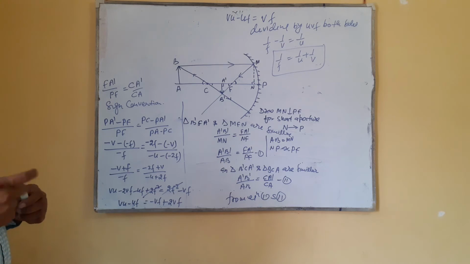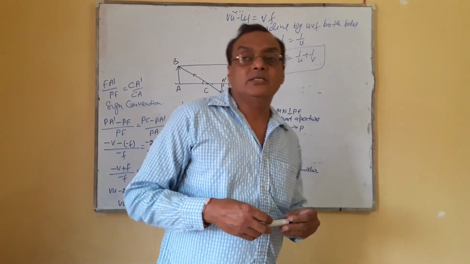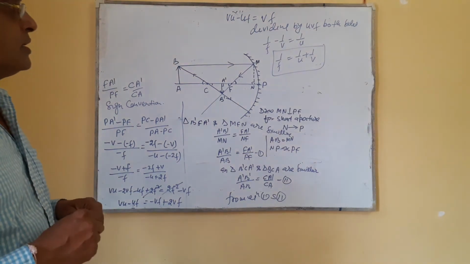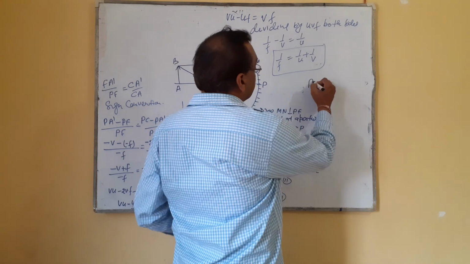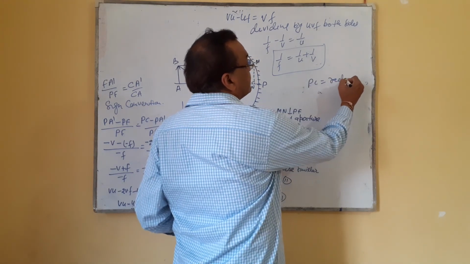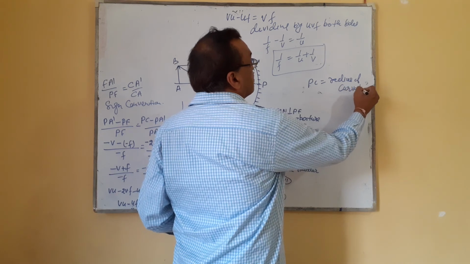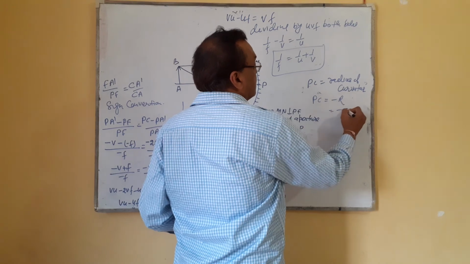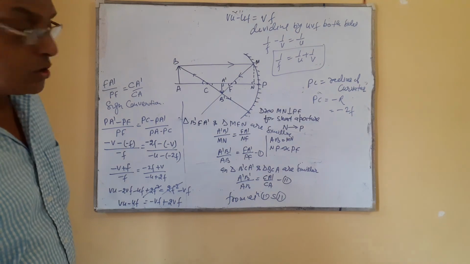This is the mirror formula. Actually, whether you derive it for the real image or the virtual image, the result will be the same. Okay, so see there, what is PC? PC is called the radius of curvature, that is minus r, or you can say minus 2f.